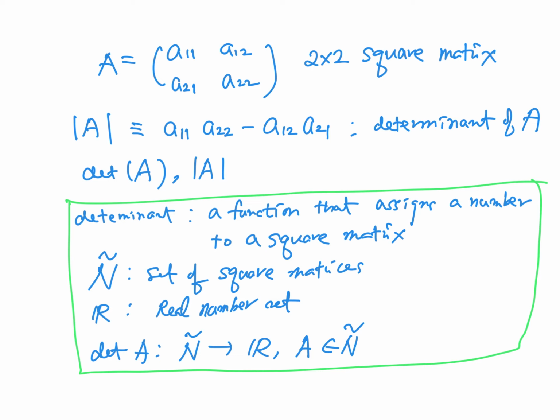And perhaps we can just write down in a symbolic form that this N tilde is a set of square matrices, and we assign a number to each matrix. So that is basically a rule. For a 2 by 2 matrix it is a very simple rule.